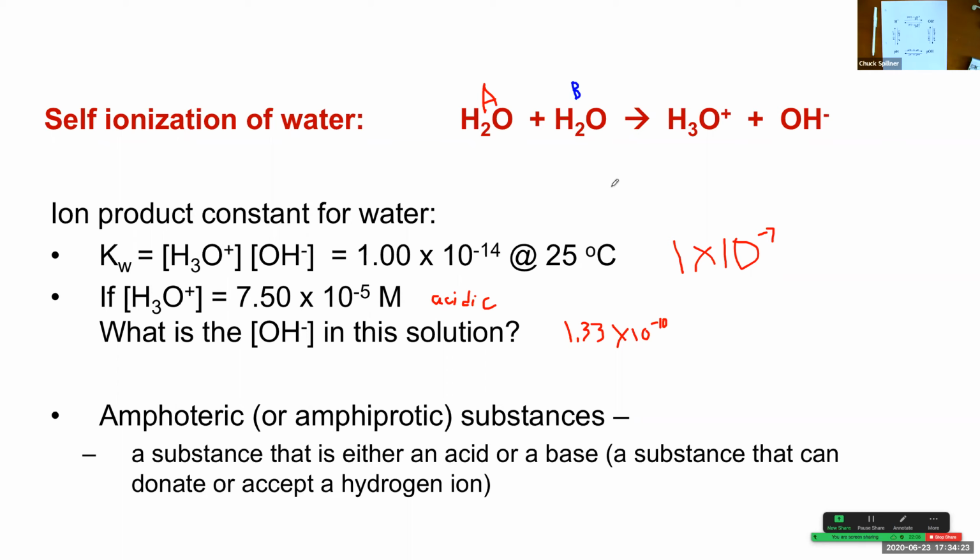Another name for that is amphiprotic, and I think that's what it calls it in your book. I think it's called an amphiprotic substance. So amphiprotic or amphoteric are both the same kind of substance. So these are definitions we talked about. You might want to write those down.